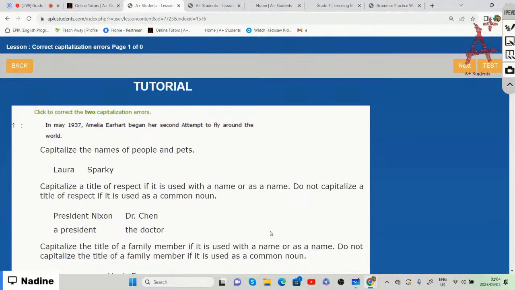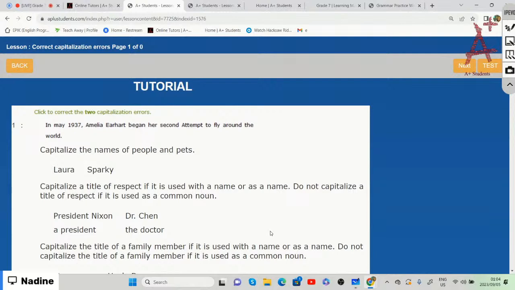And then also, what is most important is we need to capitalize names of people and pets. So basically, your name and your surname needs to be capitalized. So the first letter of your name, as well as the first letter of your surname, or the first letter of the name of your pet, needs to be capitalized, right?